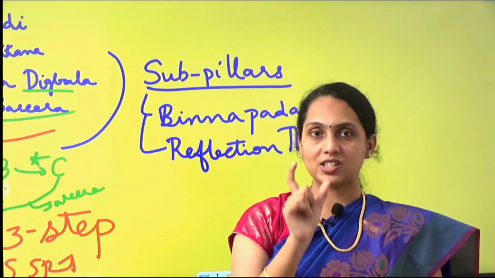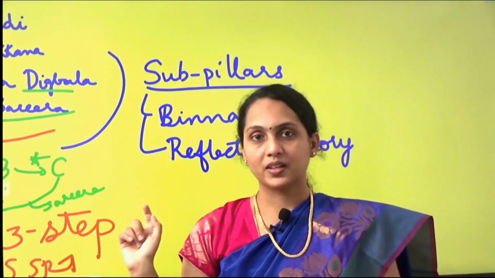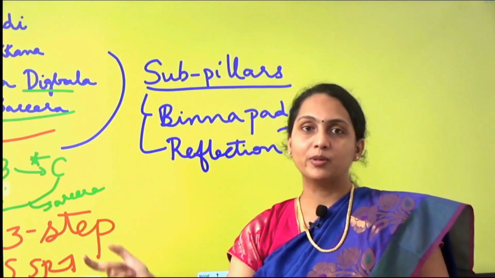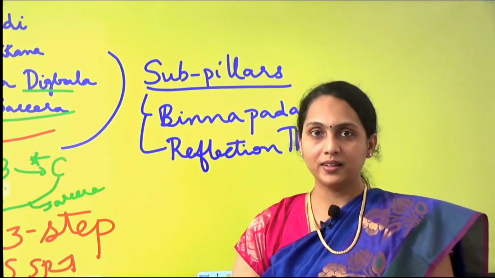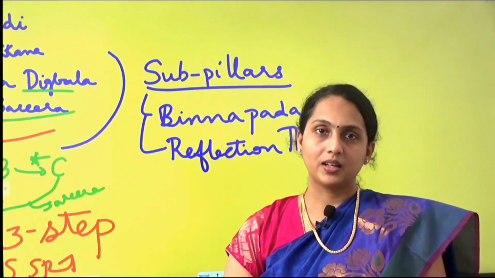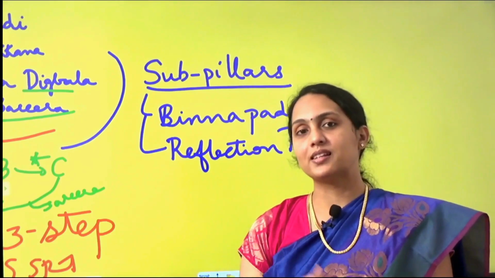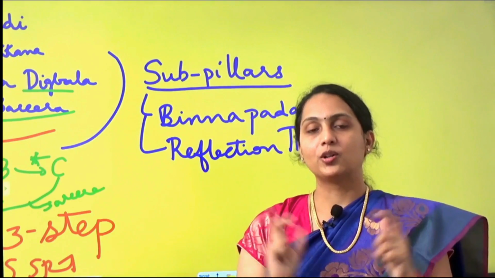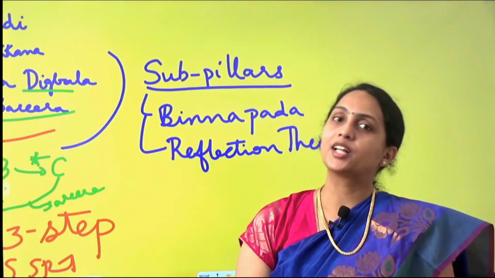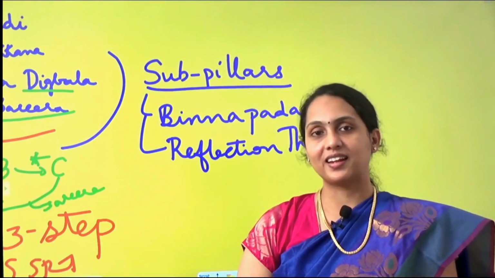You find Kritika Nakshatra across Mesha and Rishabha, Mrigashira across Rishabha and Mithuna, and Punarvasu across Mithuna and Karkataka. So the Sun's, Mars's and Jupiter's nakshatras across the zodiac spread across two houses. They are called Bhinnapada Nakshatras.